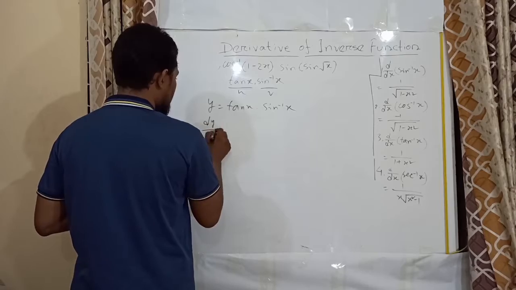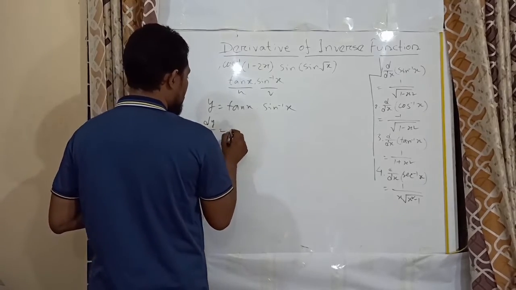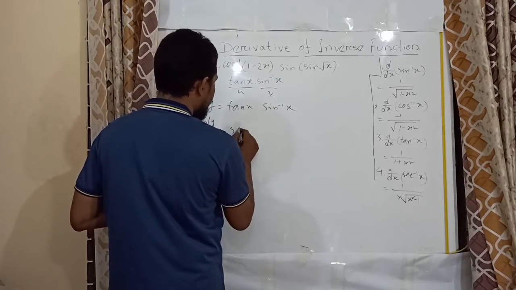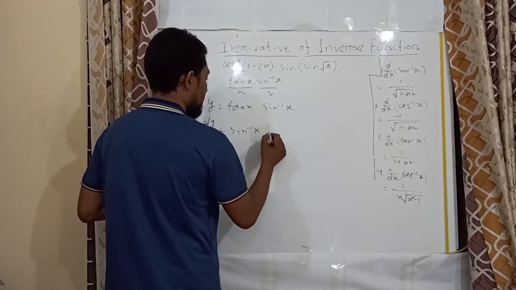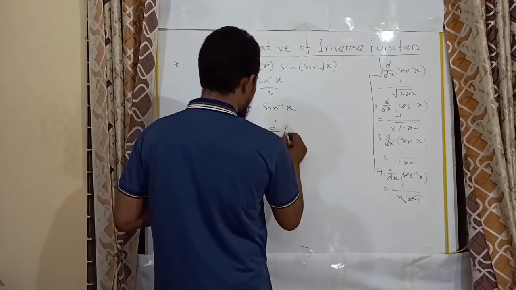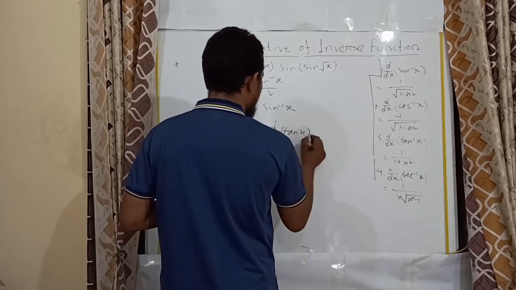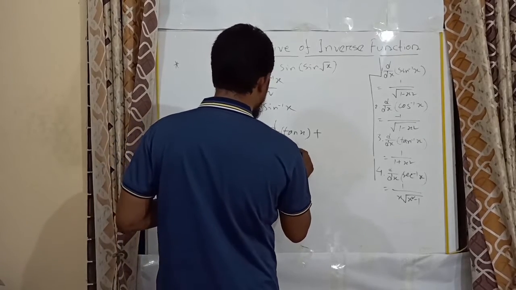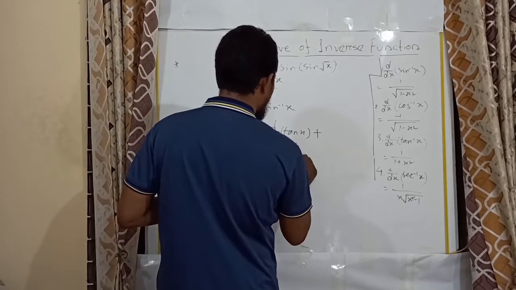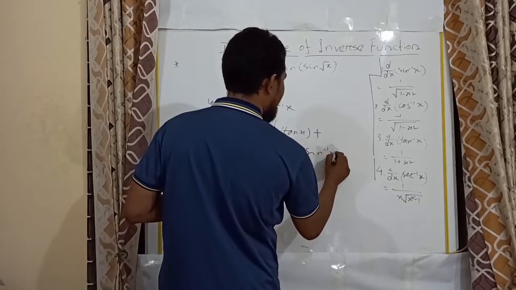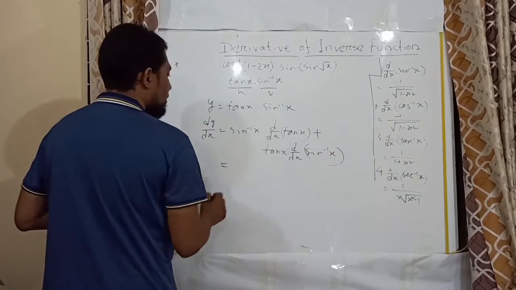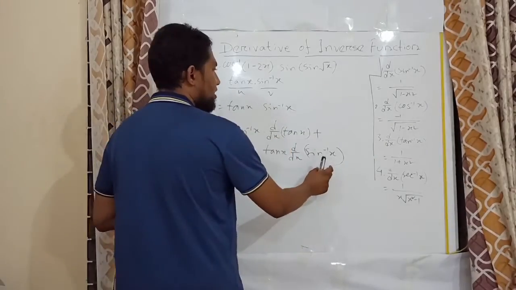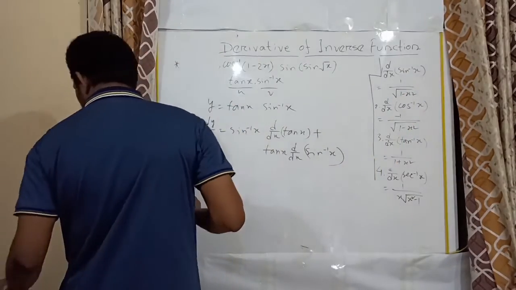So if we do dy/dx, if we go for tan x, then sin inverse x will be constant. Now for tan x it will be sec square x, and sin inverse x here it is written. So if you write that, you will get your answer.